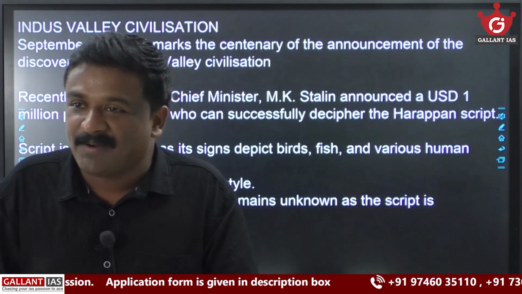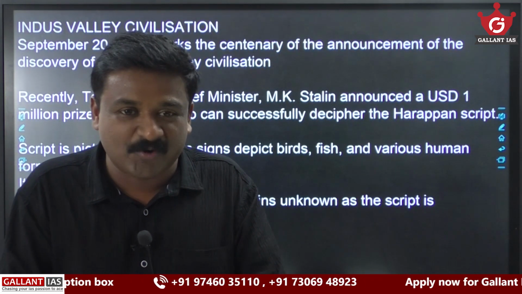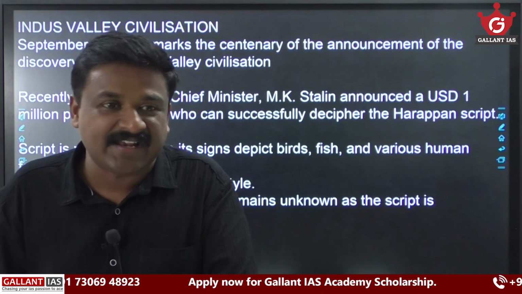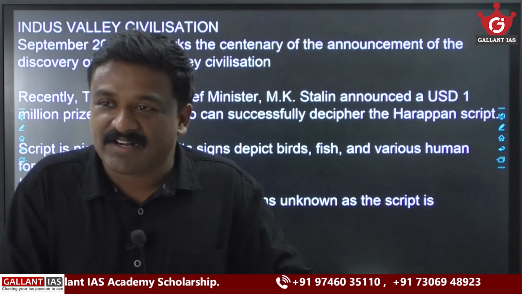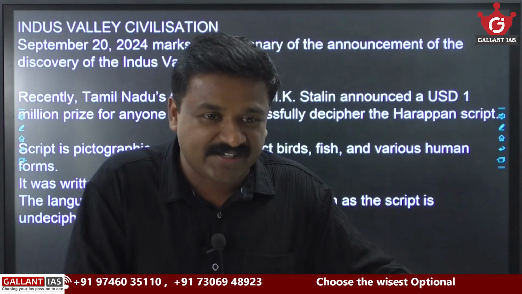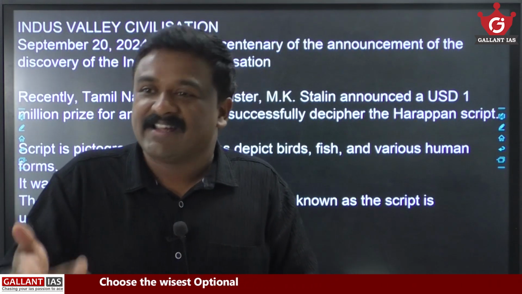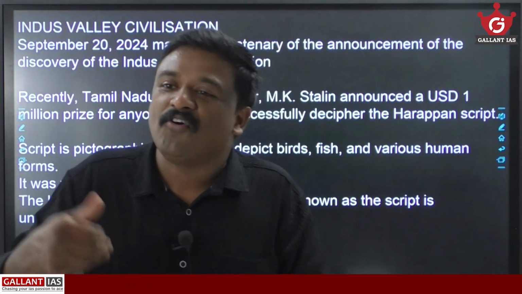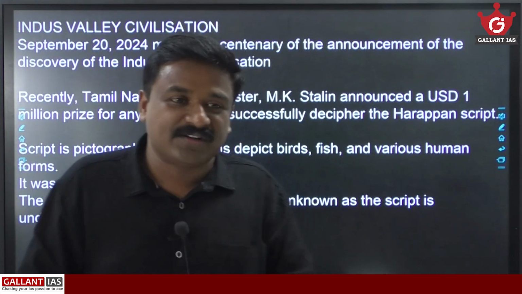Then you must have an idea about town planning. There is a division of the city into upper town and lower town. The upper town is where the elite classes lived and the important buildings were located. The lower town is the area of artisans and craft workers. Similarly, know the art and craft, religion, trade and commerce, and foreign contacts of the Indus civilization. These are very important for you.